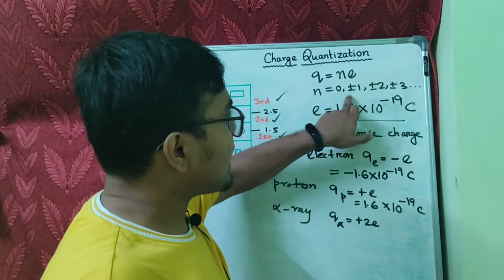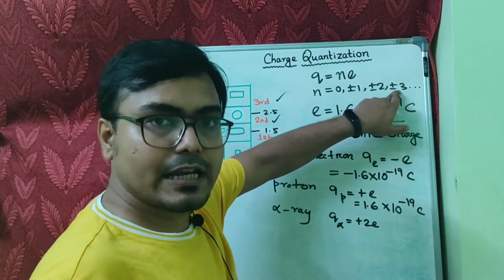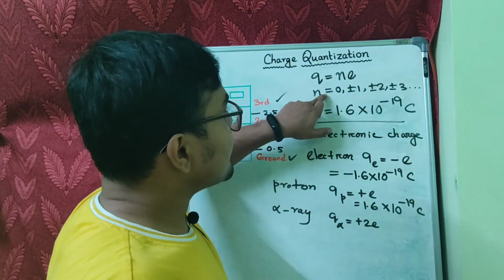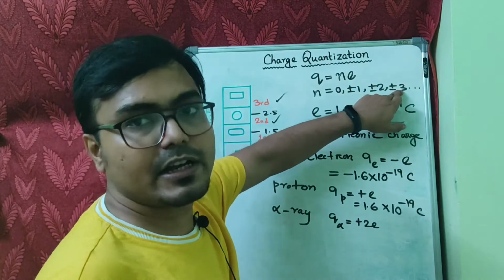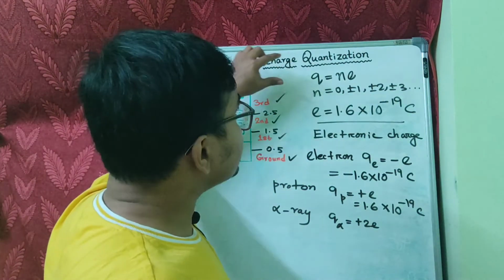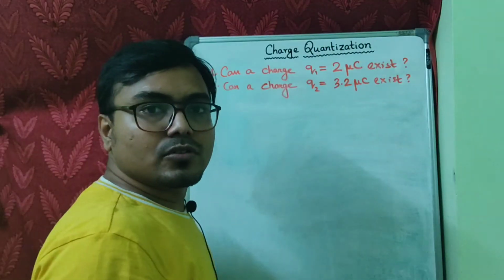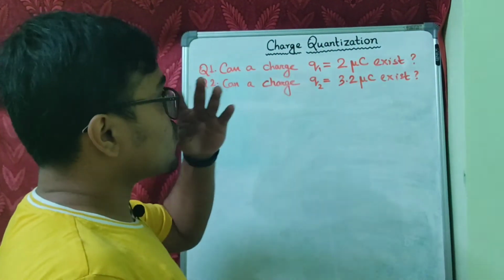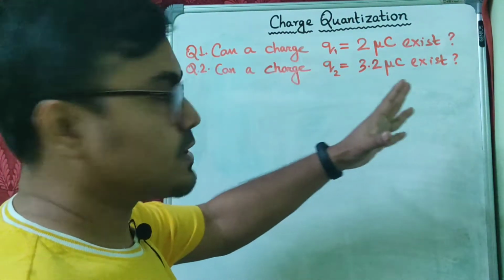The value of n may be positive or negative as well, but it must change in integral multiples, right? So this is called charge quantization. To understand this charge quantization in a better way, we have considered two questions here.